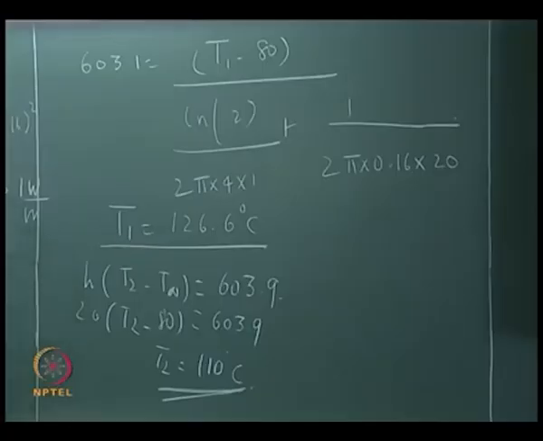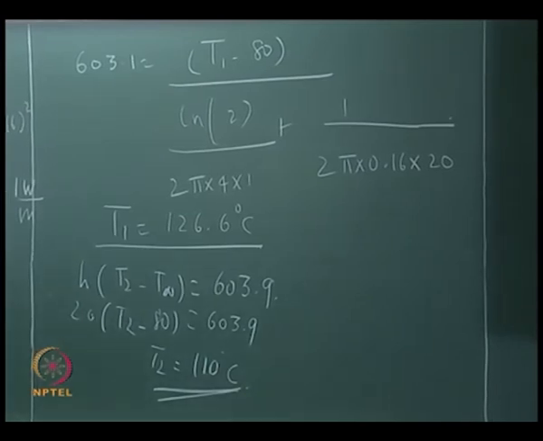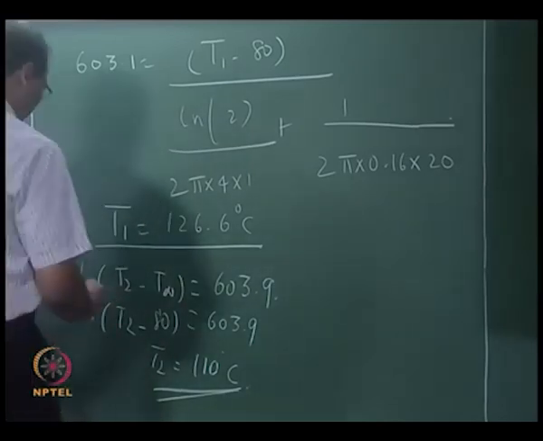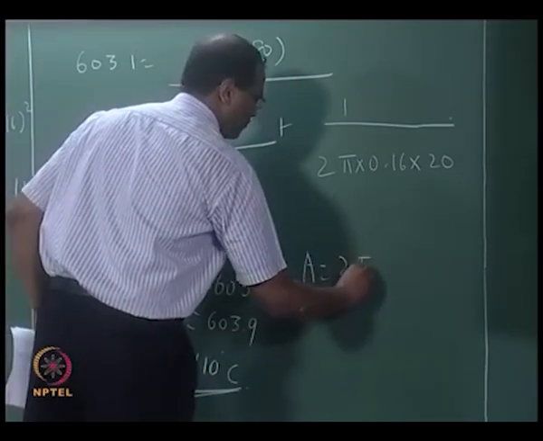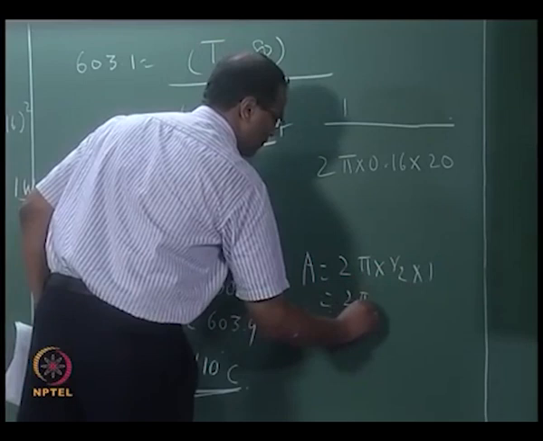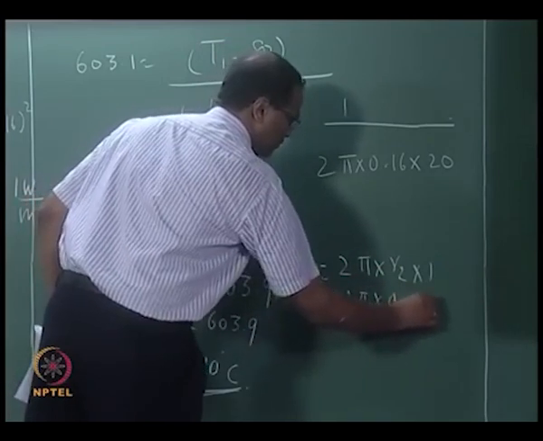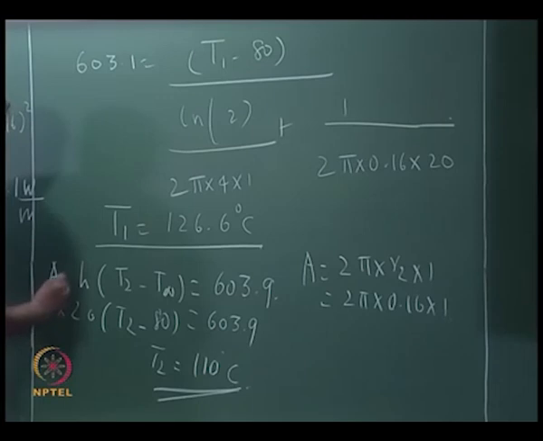Here is a problem where the Q is known but the temperatures are unknown. What happened to area? Yeah, into 2 pi. I have already done that.